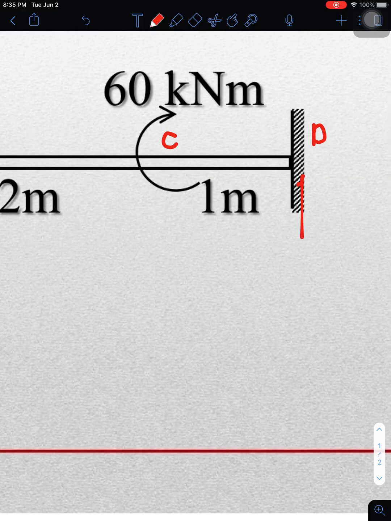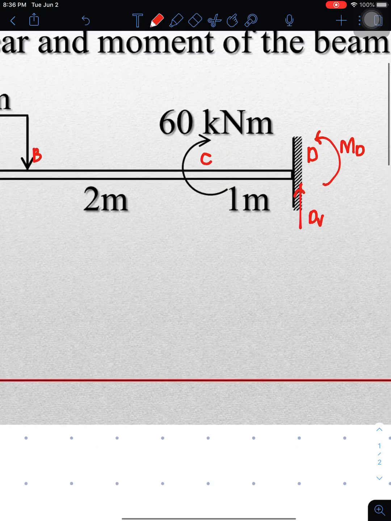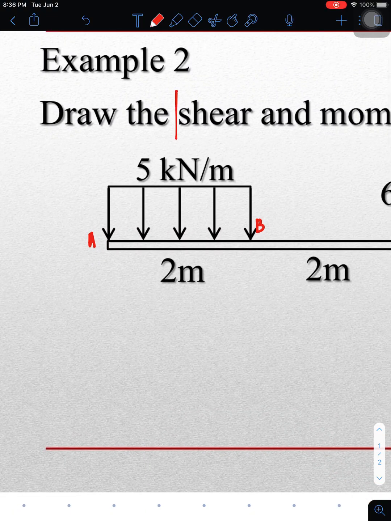What we're going to do here is to solve for the reactions, and we have here a DV and a rotational moment of MD. Also, since we have a distributed load, we need to get its resultant, so it's 5 times 2, it's 10 kilonewtons.